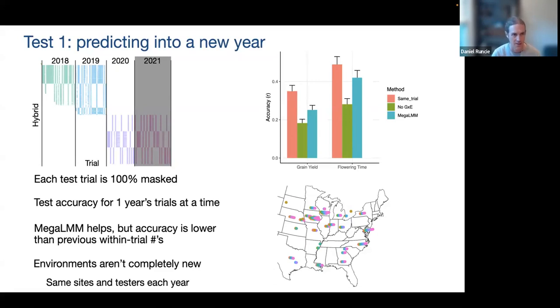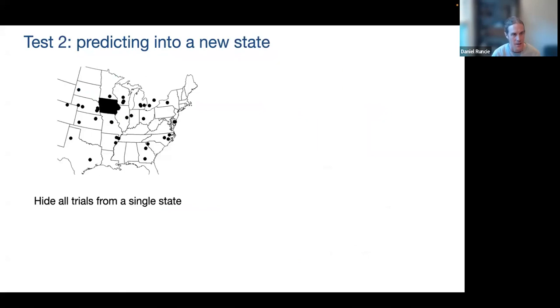So we did another type of test. In this case, what we did is we masked out all of the trials in a single state. In this way, when we use, say, the Iowa trials to evaluate our predictions, we're not able to draw on any information from even nearby trials in our data. And so really our predictions have to be purely based on the weather and soil information.